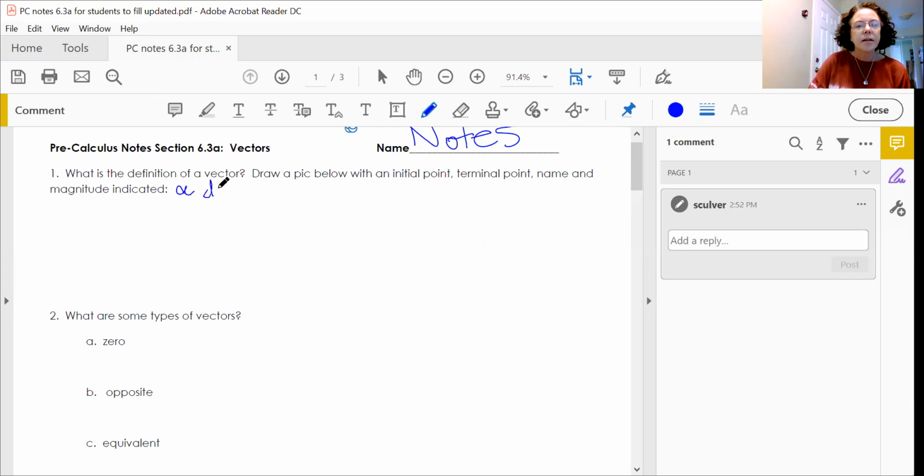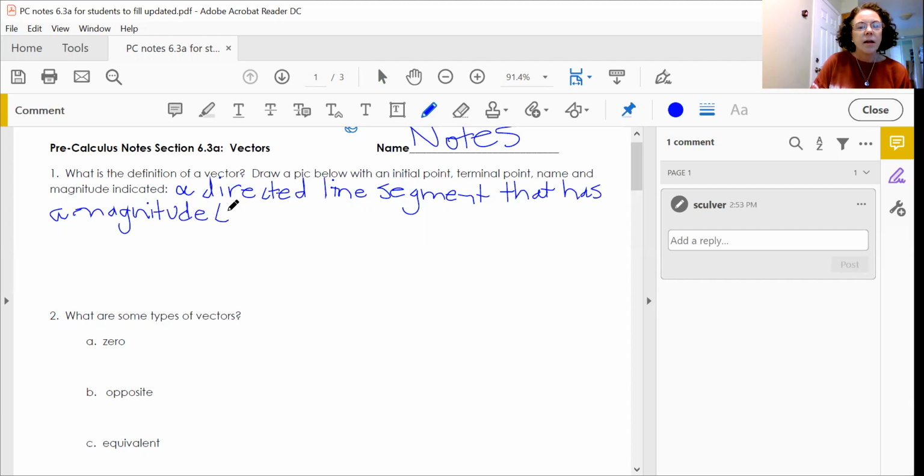It is a directed line segment that has a magnitude that's represented by its length, and it has a direction, which will be indicated later by theta.